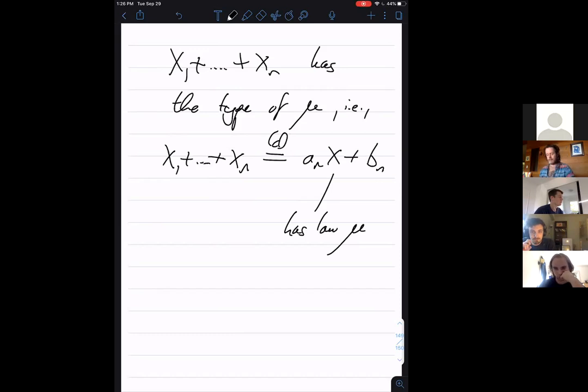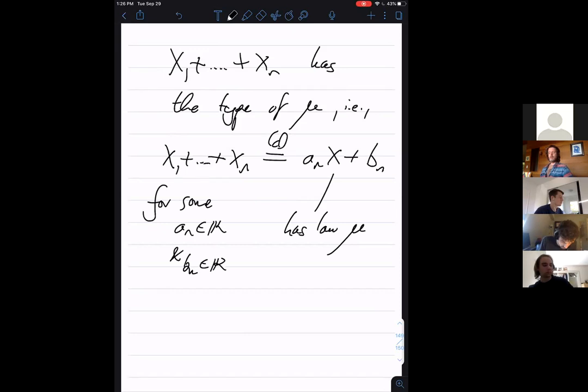So there are some choices of an and bn so that you see this. So are people comfortable with that definition? Can anyone perhaps, well, you can answer that question, or maybe someone wants to shout out a couple of examples of stable laws. Can you spot something?